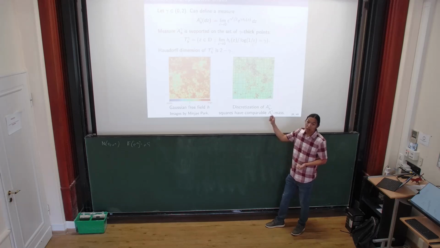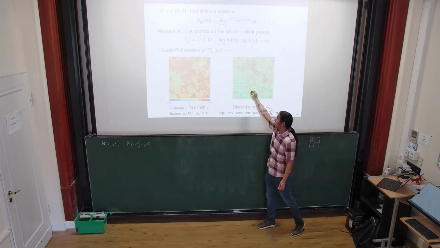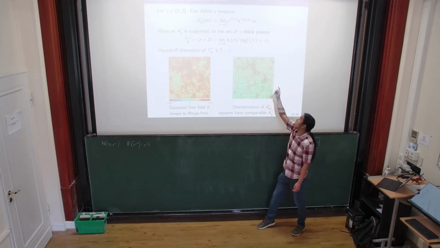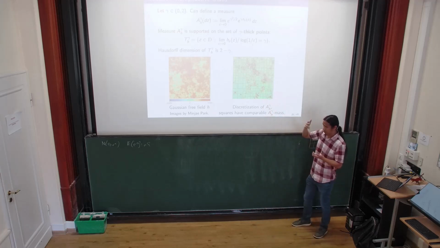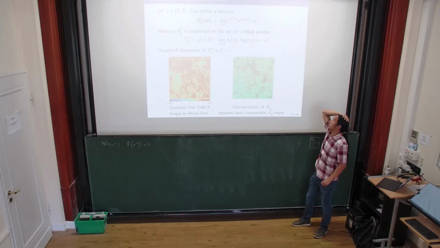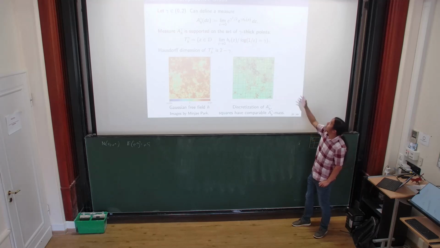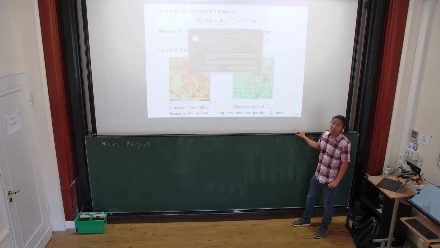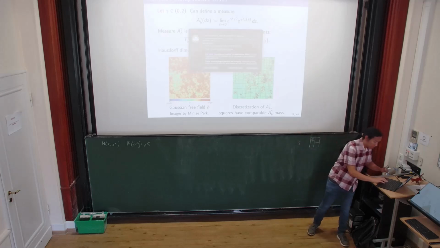For a point chosen at random from the measure on the unit square, you should observe that e to the gamma H_epsilon(z), times epsilon to the gamma squared over 2, should not be large. So it turns out the measure is supported on the so-called gamma thick points.